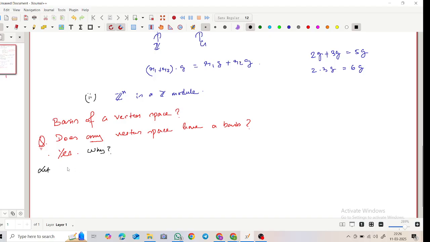So let V be any vector space over K. Go ahead. Actually, in this proof, do we use Zorn's lemma? Yes, correct.